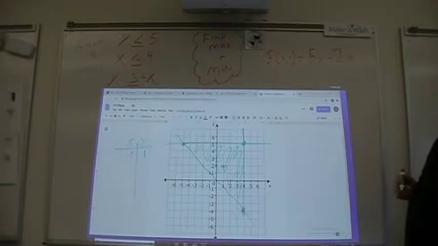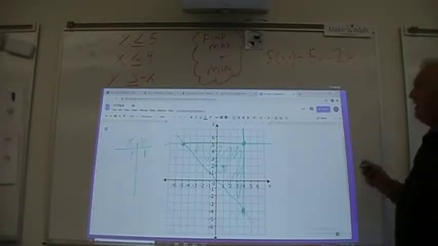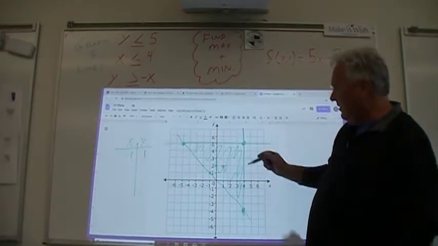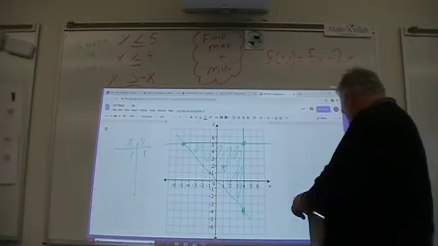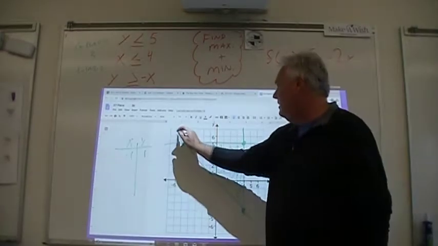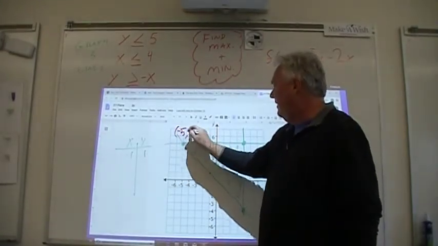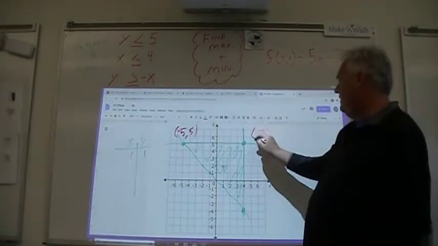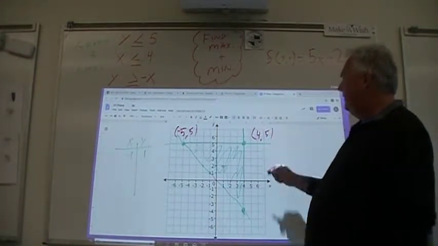So what does that mean? Find the max and min. Well, what you have to do is, what are the 3 points? This point here is negative 5, 5. This point is 4, 5.